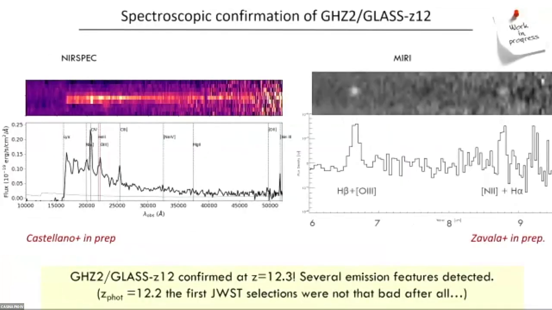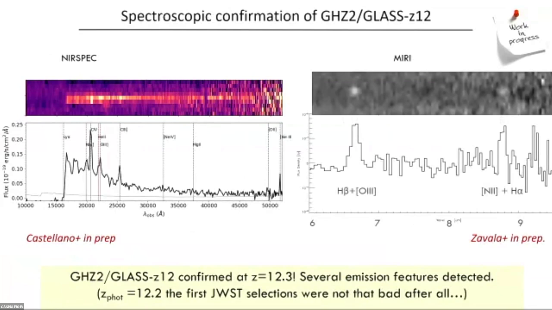We got the spectrum with NIRSpec, and in parallel, another program by Jorge Zavala with MIRI. These are the spectra that we got. On the left you see NIRSpec, and on the right you see the MIRI detection. MIRI is astonishing.